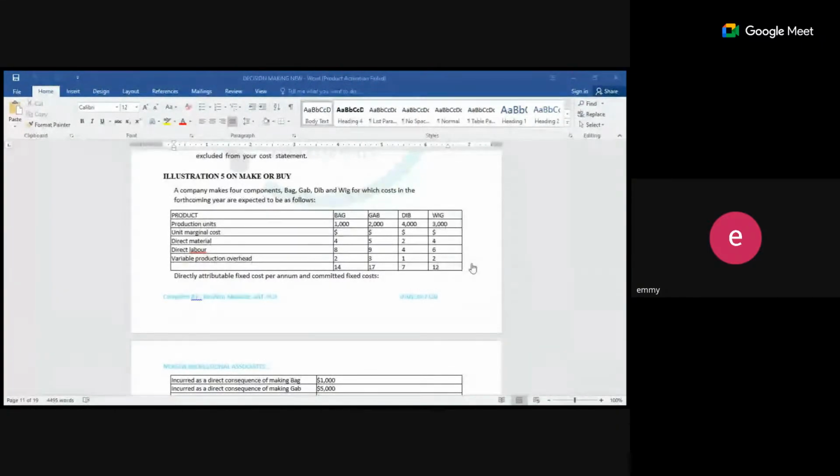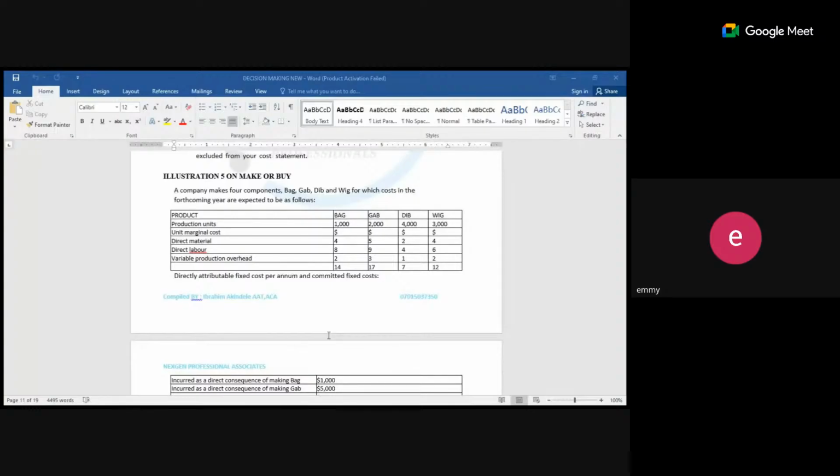The incremental income serves as the money that will be received when you want to take on a project or a business. So the money received is the incremental income, while the relevant cost will now be compared against the incremental income.